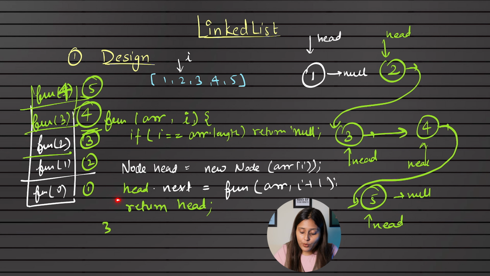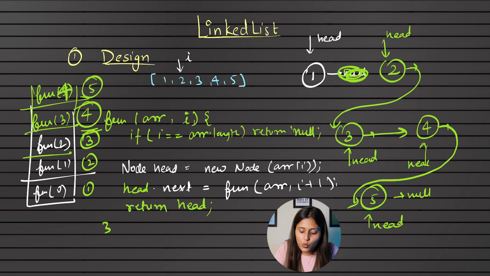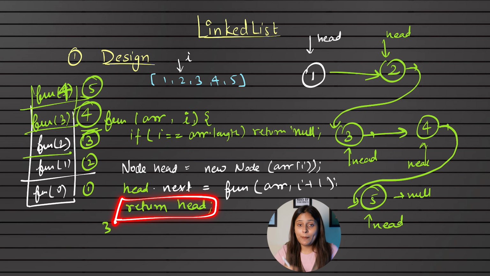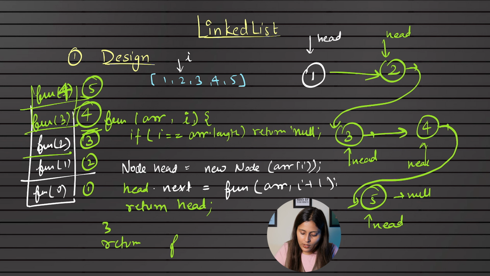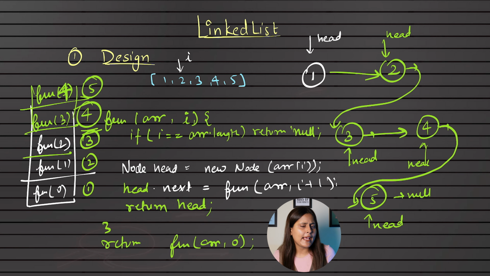So for 1.next, 2 will get saved, and at the end you are returning head to the main function where you called. Initially, suppose you called the function with 0 index. So head, which is 1, will get returned, and this is finally what we expected.